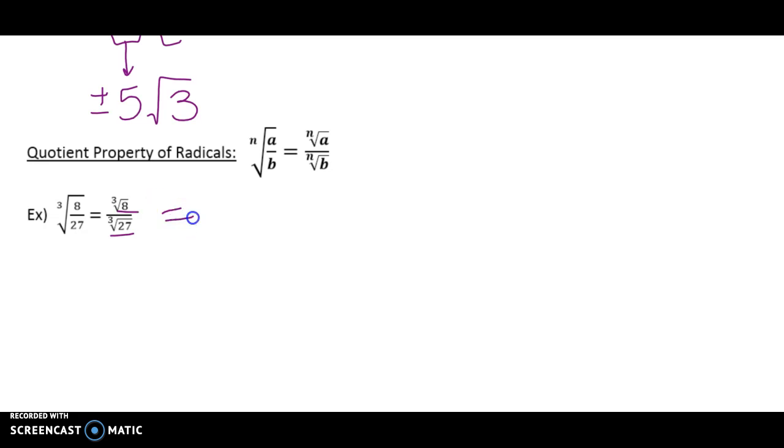So what's the cube root of 8? 2. Cube root of 27? 3. Are they positive or negative? Just positive, since this is an odd root, there's only one answer.